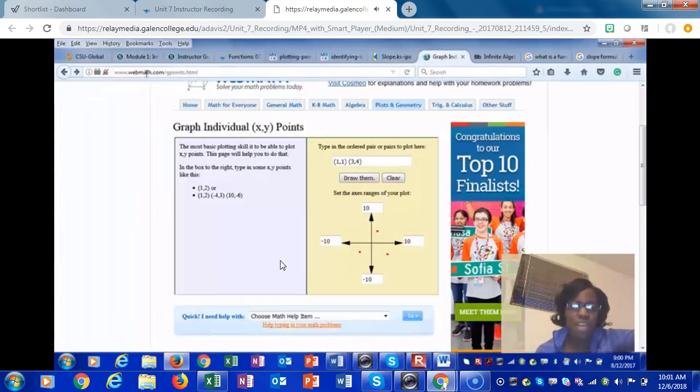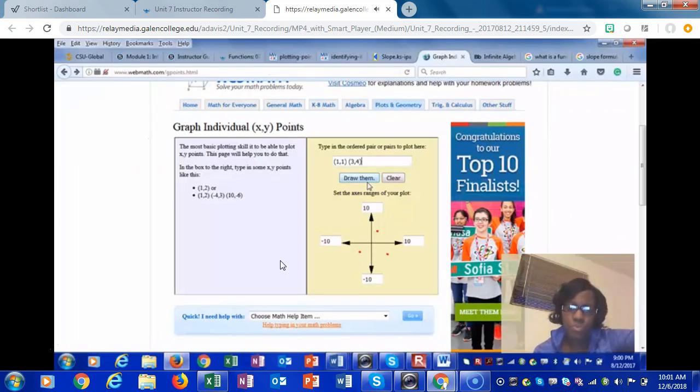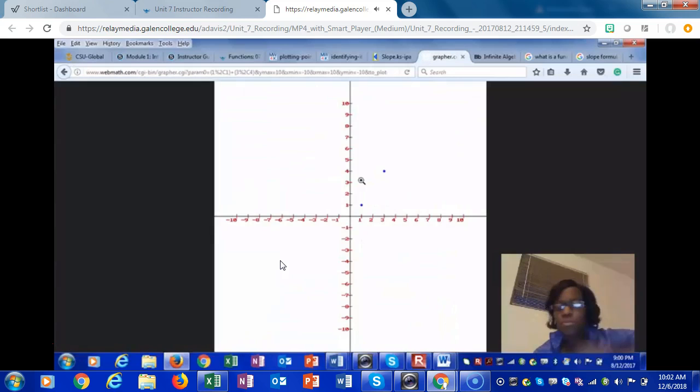Here is a website. It's called webmath.com/gpoints.html. Oftentimes you may not know, hey, am I typing this right? Am I doing this correctly? So let's look at these points, for example 1, 1 and 3, 4. You try to draw them by yourself first, then you click Draw Them.